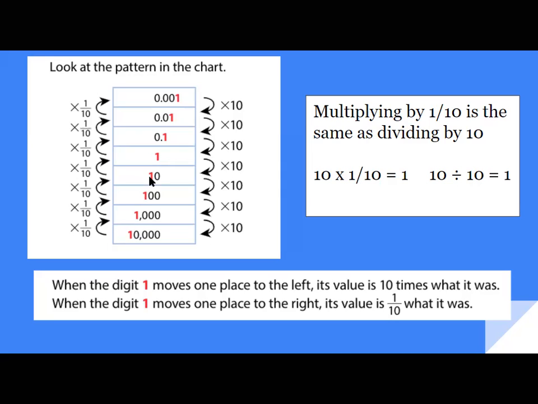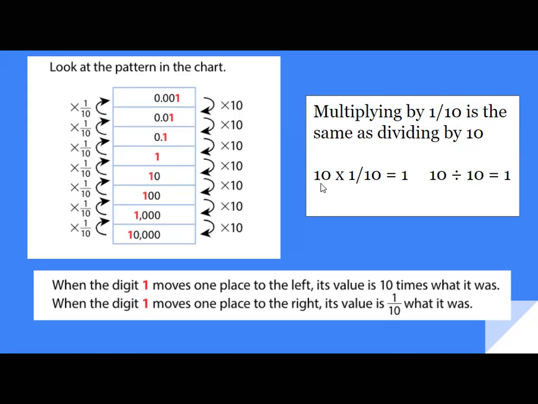So as we moved down the chart, we noticed that the 1 is now moving to the right one place value every time. So it is decreasing each time. The value is now 1/10 of what it used to be in the place before it. So multiplying by 1/10 is the same as dividing by 10.